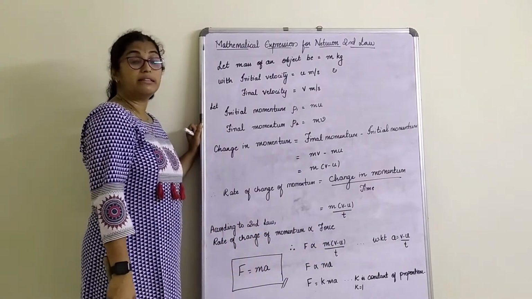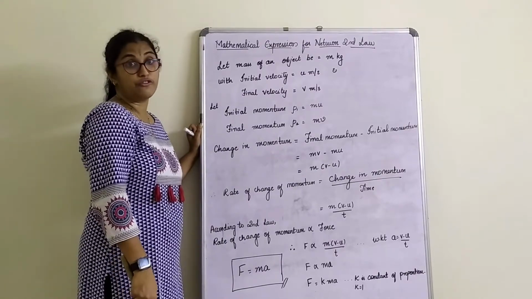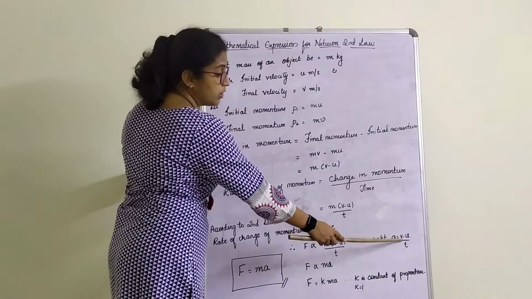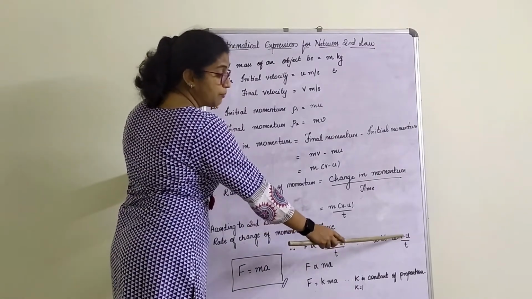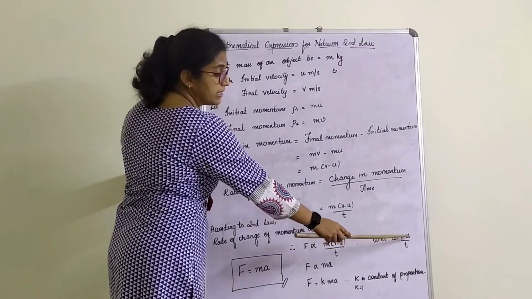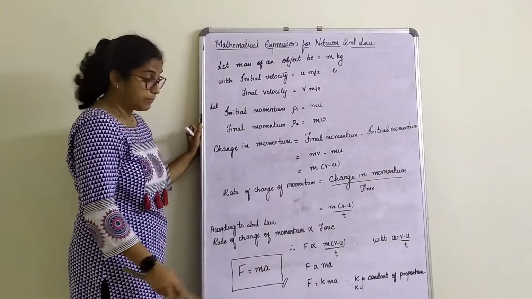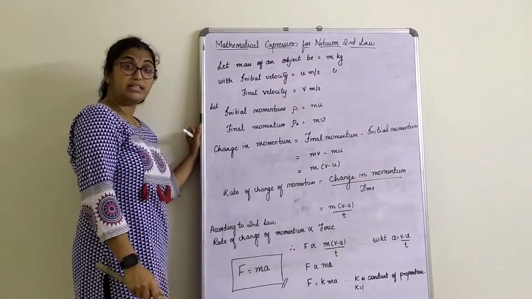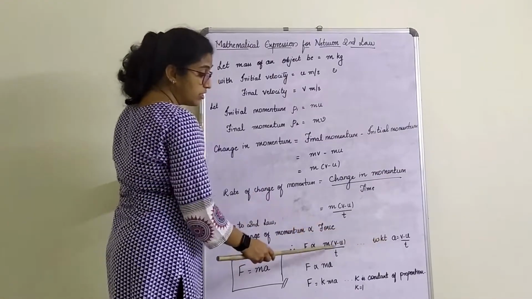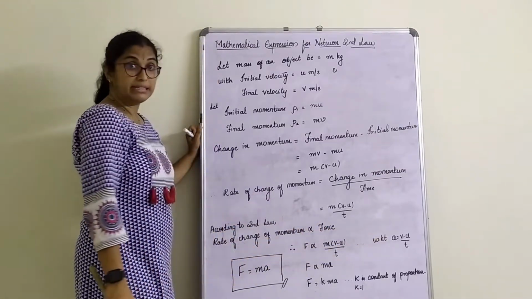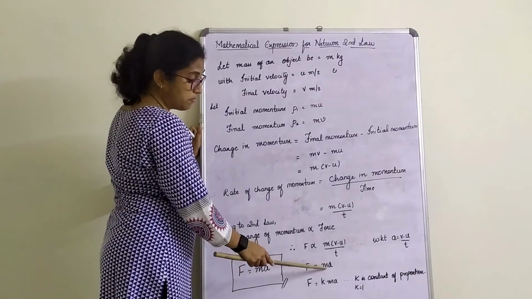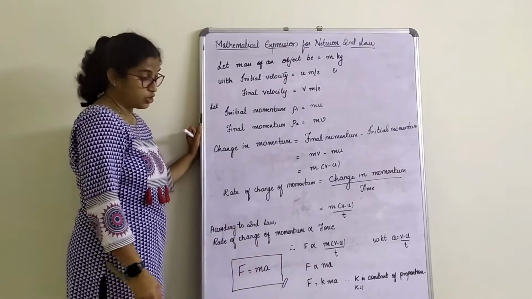If you recall in the motion chapter, equations of motion, acceleration, how did we derive it? Acceleration is equal to final velocity minus initial velocity upon time. So we have the same thing here, (v minus u) by t. So can I substitute the value of acceleration as (v minus u) by t? Yes. So force is directly proportional to mass into acceleration.